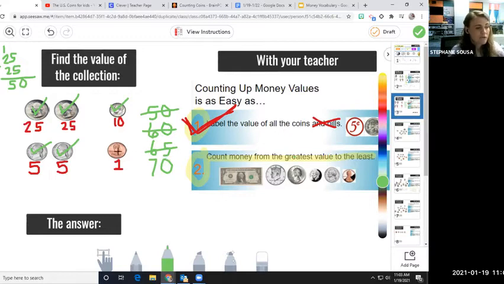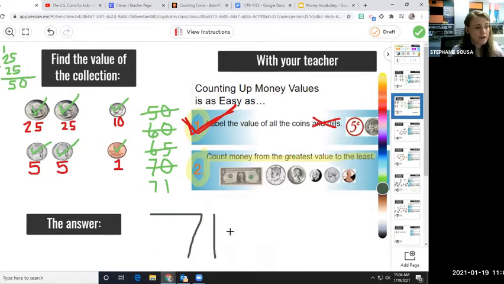Okay, and now I have 1 penny. That's worth 1 cent. 70 plus 1 is 71. So down here where I asked for my answer, I have 71 cents. And I'm only using the cent symbol because I don't have more than $1. 71 cents is less than 100 cents, which is $1, so I use this cent symbol. Okay?